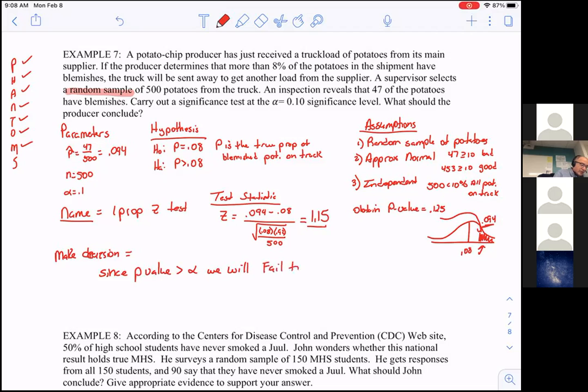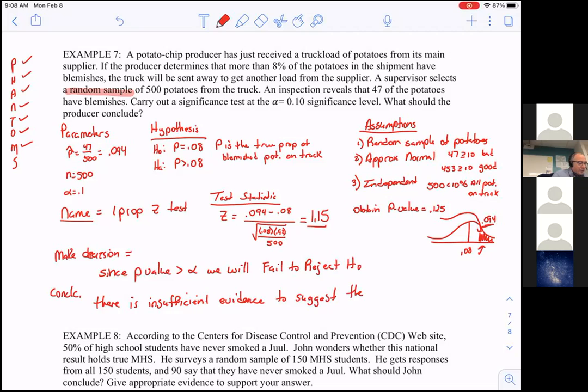We will fail to reject H0. There is insufficient evidence to suggest what?